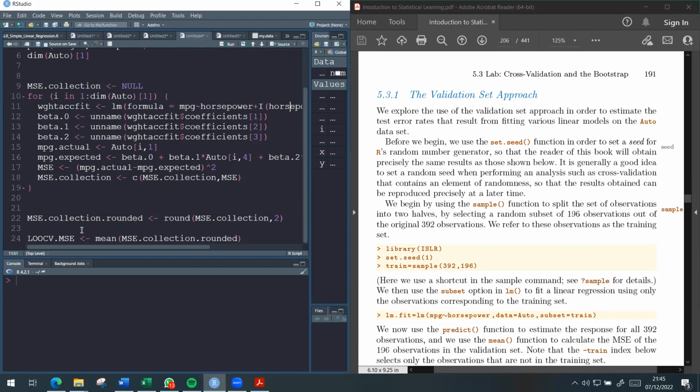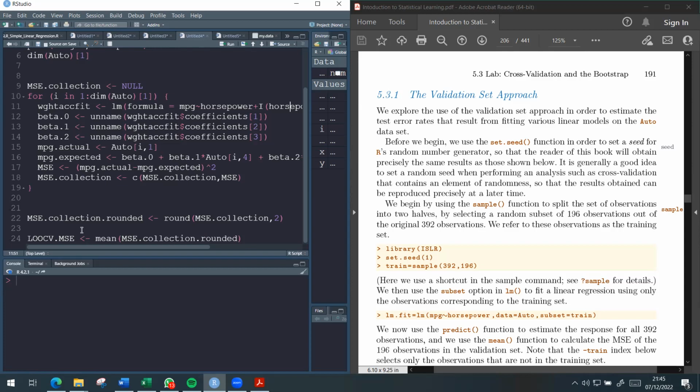Now usually you want to use all the data, because if you're saying, okay, I'm going to leave out 20% of the data, then your model as a result is probably going to be inferior because you've left 20% out.